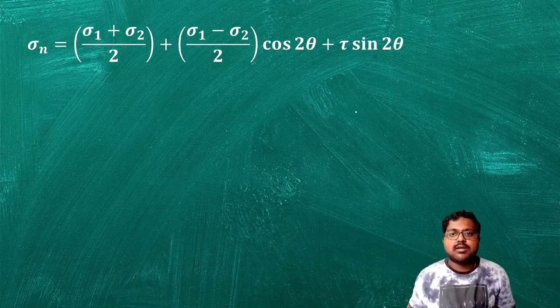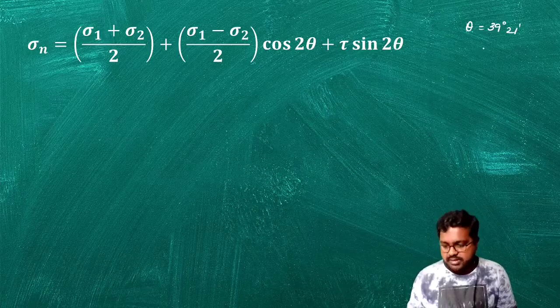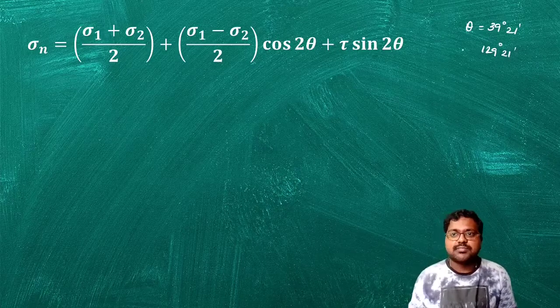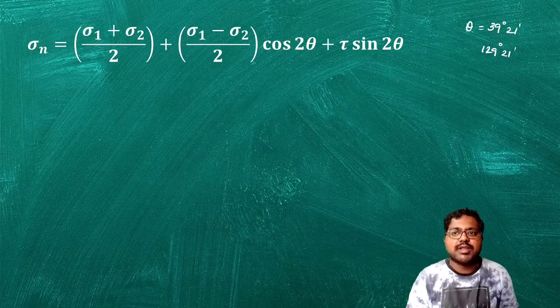Here we know the values of theta obtained in the previous case, that is theta equal to 39 degrees 21 minutes and 129 degrees 21 minutes. If we substitute these values of theta here, we will get the magnitude of sigma n major in one case and sigma n minor in another case.